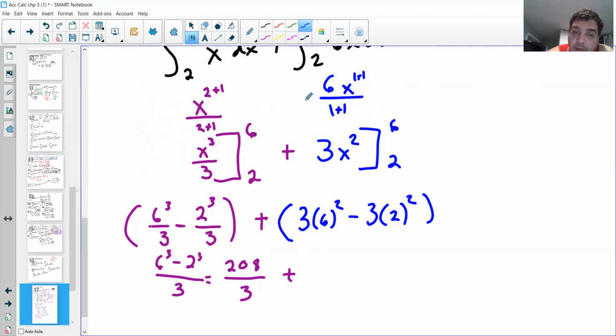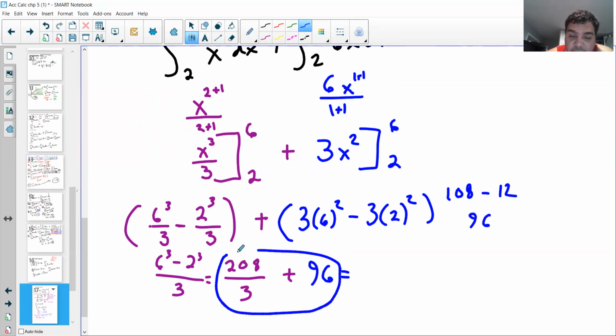Plus this over here would be 6 squared is 36, times 3 is 108, minus 12. So that is going to be, and again, no shame using a calculator to help you out. I'm just trying to be stubborn, I guess, at best. 96. So 208 over 3 plus 96.